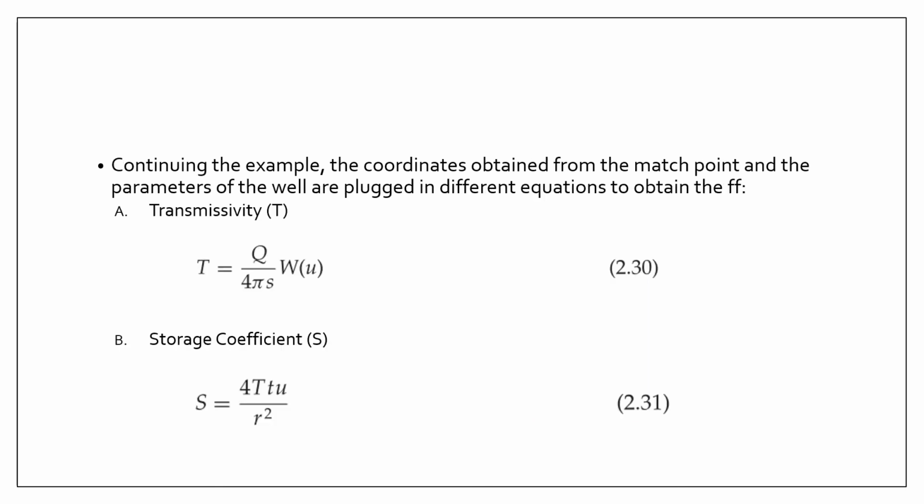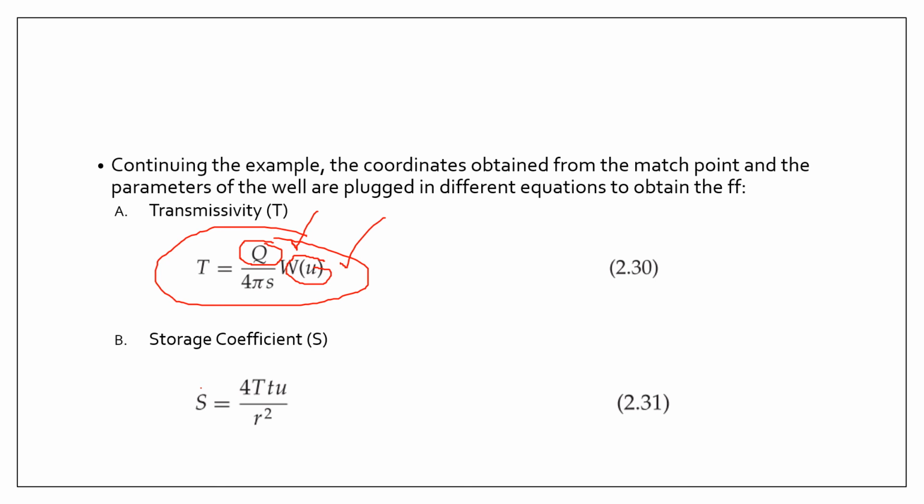And then what we do here is we start plugging in the values. We start first with this equation. We know the W, check. We also know the discharge, which is the rate at which the pumping well is pumping.